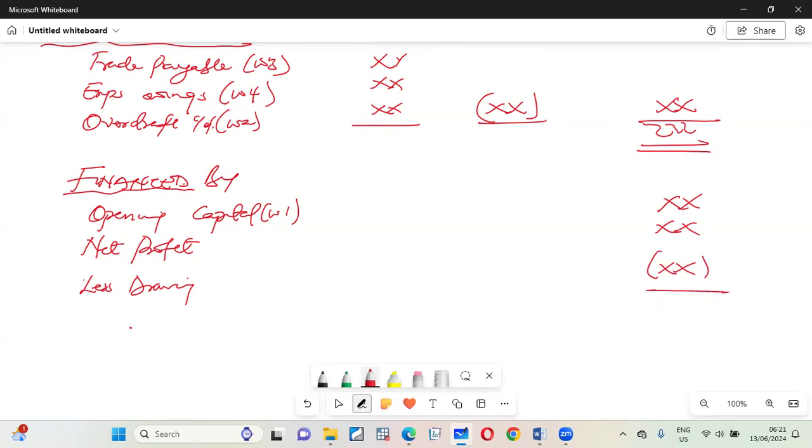So this is it. And drawings here, be careful. This is cash drawings, all right? Like cash drawings from capital. If it is goods drawings, what do you do? You deduct it from the inventory, closing inventory, because we did it from the purchases.